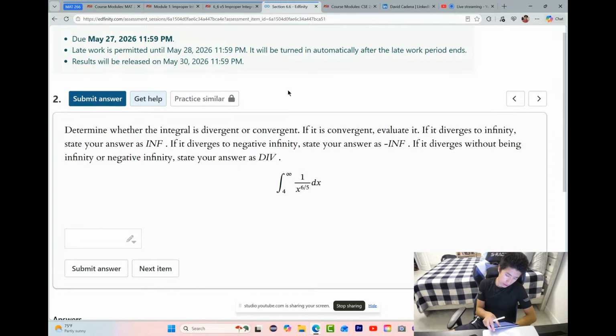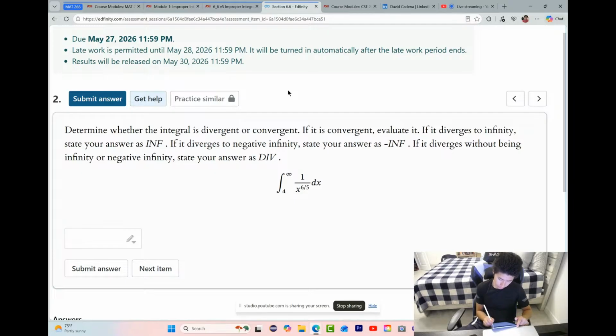That's plus 5 over 5. Negative 6, add 5, so you have x to the power of negative 1 over 5. Okay, I think that's what I have.